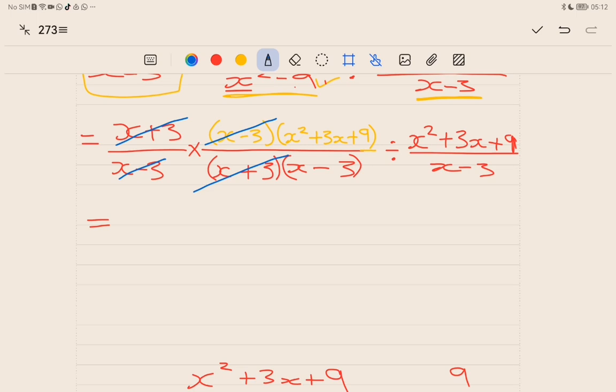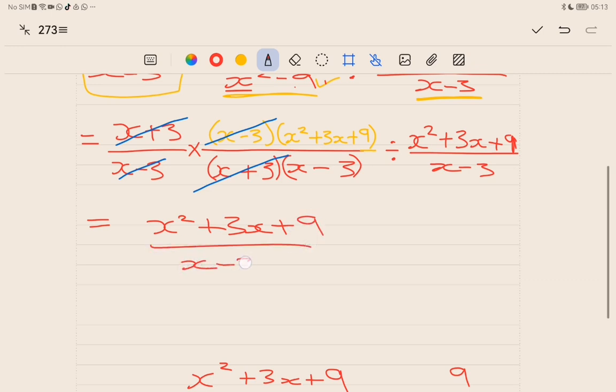So after this, we are going to remain with x squared plus 3x plus 9 divided by x minus 3. Then this whole thing divided by x squared plus 3x plus 9 divided by x minus 3.